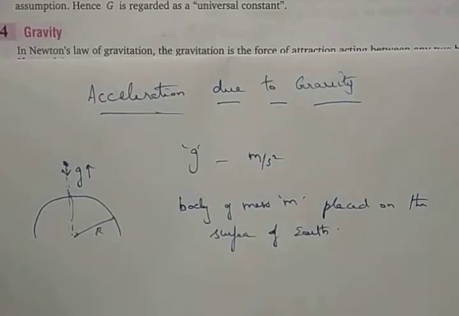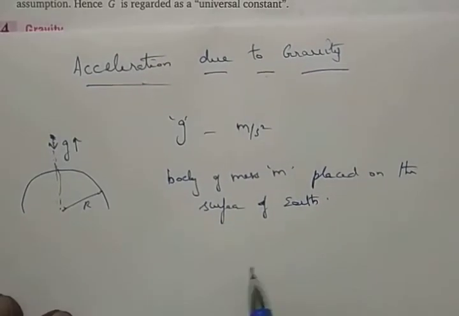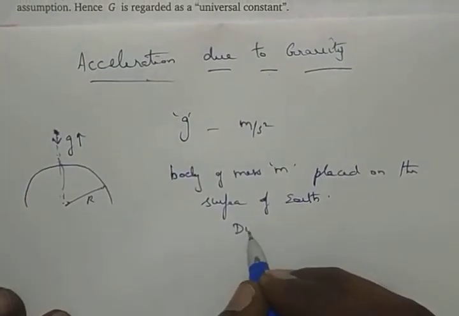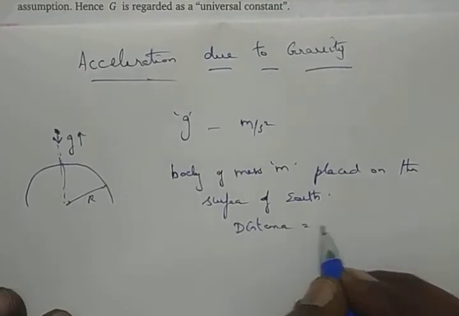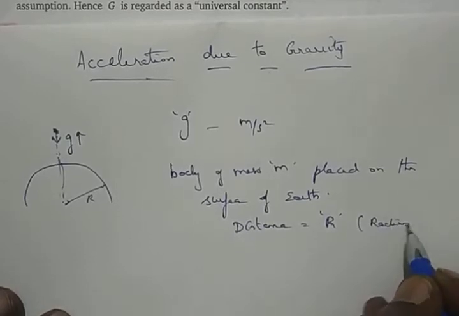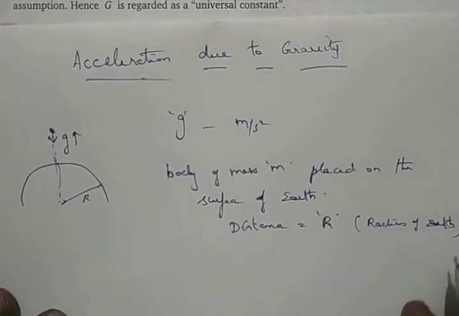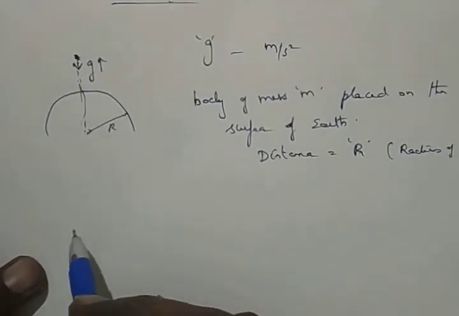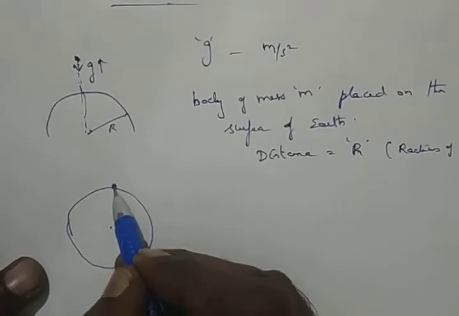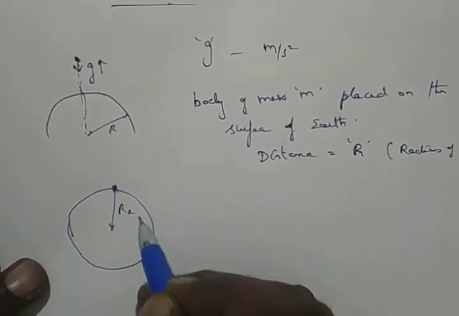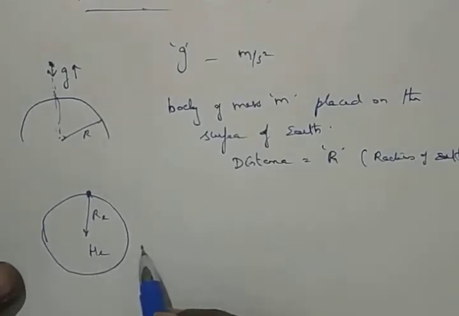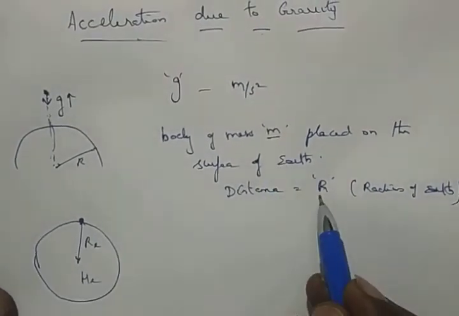Now, what is the distance? The distance is equal to r. What is this r? It is the radius of Earth itself. So this body is kept right on top of the Earth. This is the radius of the Earth, and the mass of the Earth is capital ME, and the body of mass m is placed on it.